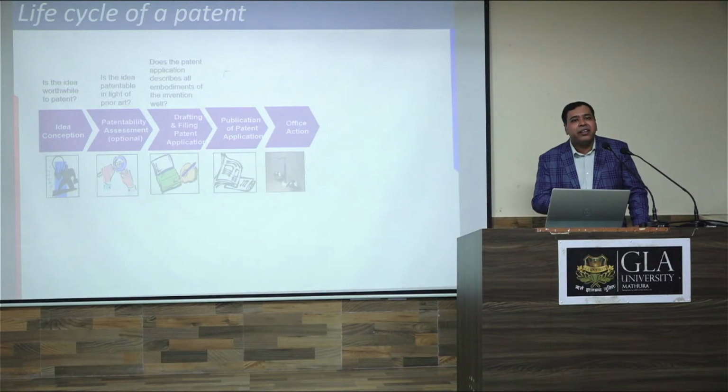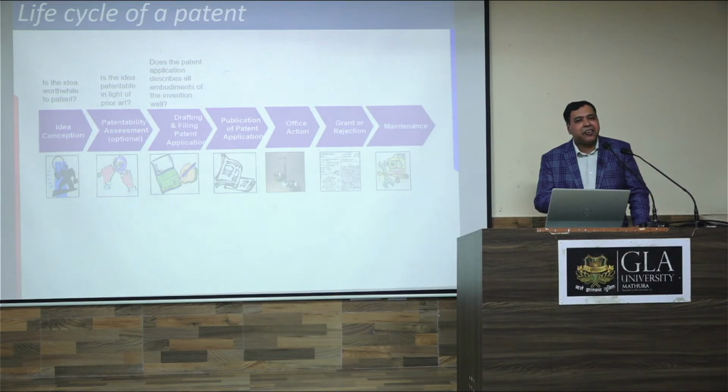You need to defend against those rejections. Once that phase is over, the grant or rejection takes place. And thereafter, you need to pay a maintenance fee year on year. So primarily these are the various stages a patent application goes through, right from the ideation till the grant and thereafter the maintenance process.